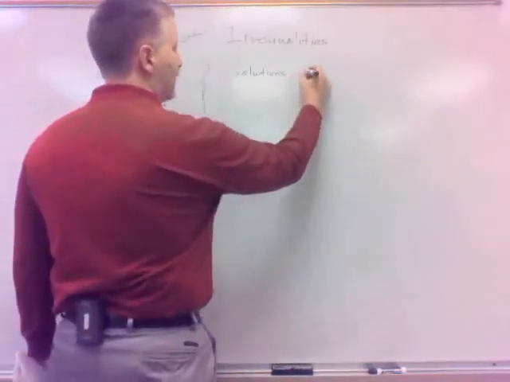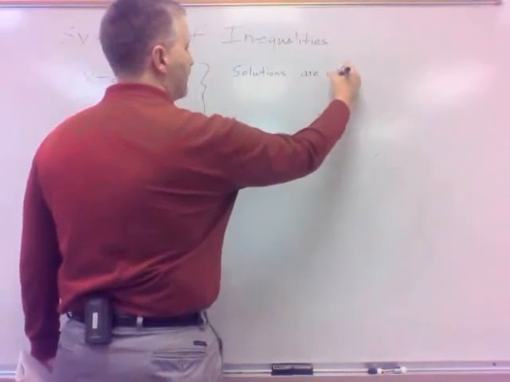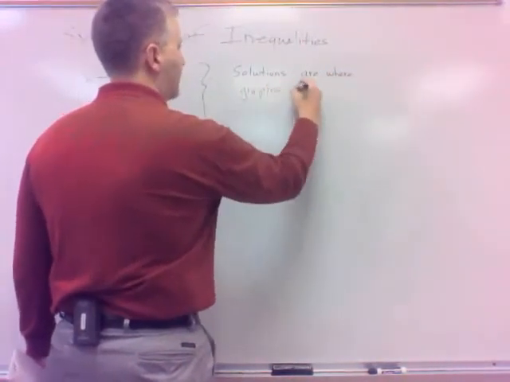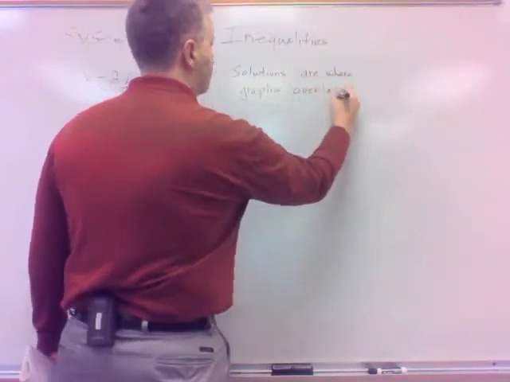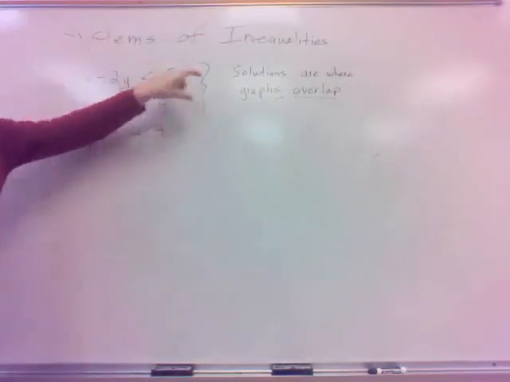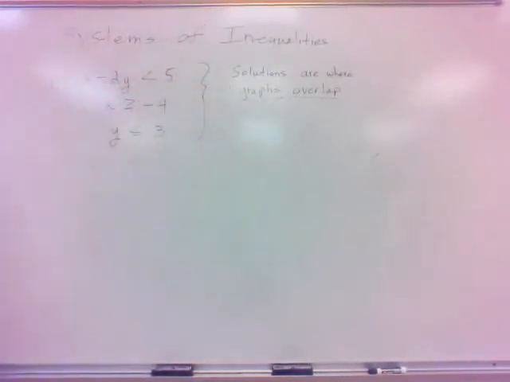Solutions are going to be where all the graphs overlap. So all three of these are going to be shaded graphs, but when you put them in a system, the solutions are where, graphically speaking, they all overlap.